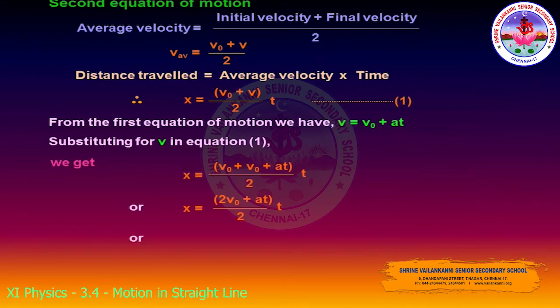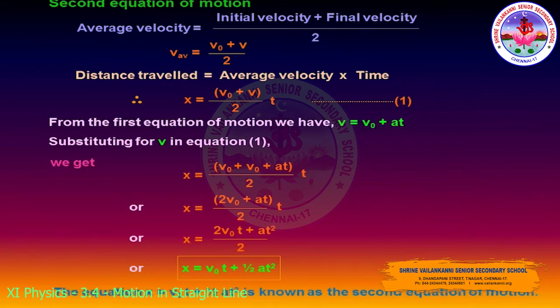By multiplying t, we get x equal to 2 v naught t plus at square by 2. By simplifying, we get x equal to v naught t plus half at square. This we call the second equation of motion, or the distance time relation.